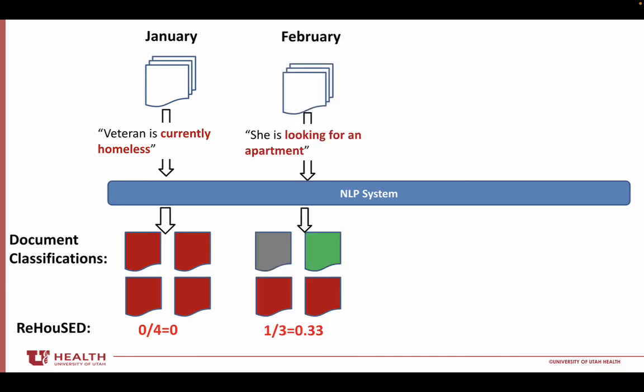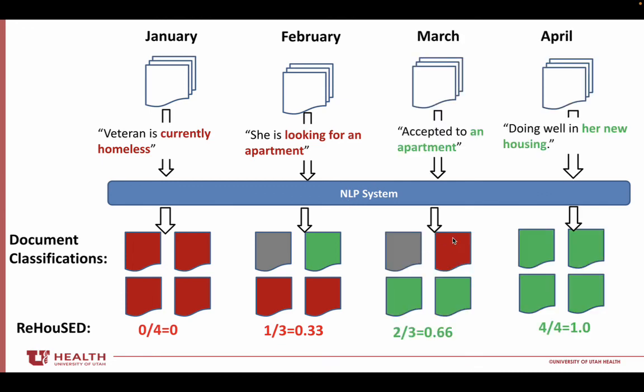Then in February, they're looking for an apartment, and we're pulling out notes showing evidence of this. Initially we might see that all of their notes are classified as unstable housing, but we start to see a little more evidence of stable housing or hope for stable housing. Eventually they might get an apartment, we see more evidence, and ultimately, hopefully, we're picking up that they are stably housed and doing well in their new apartment.